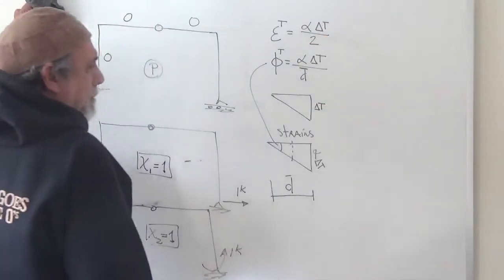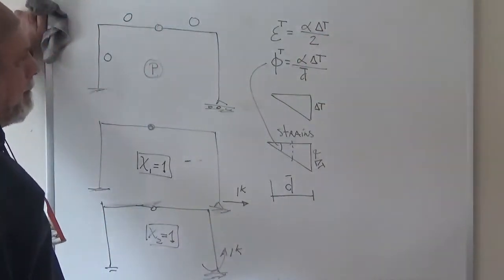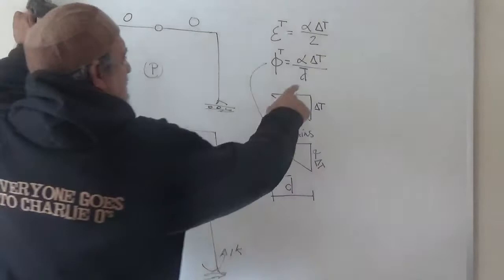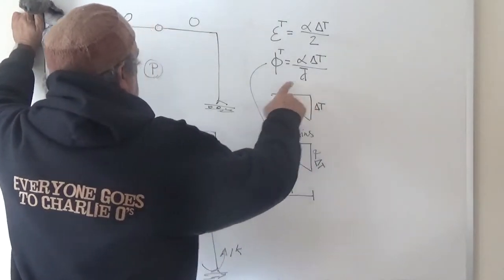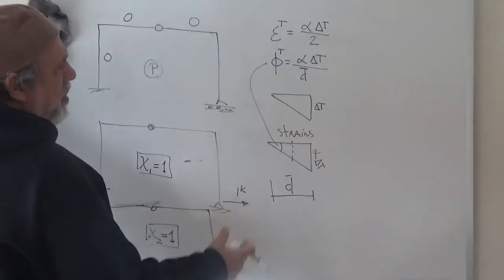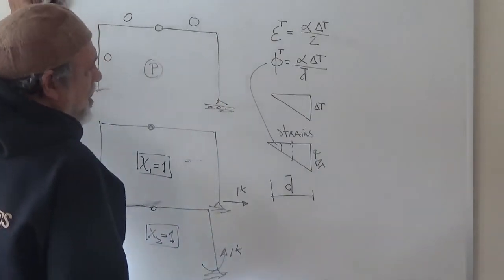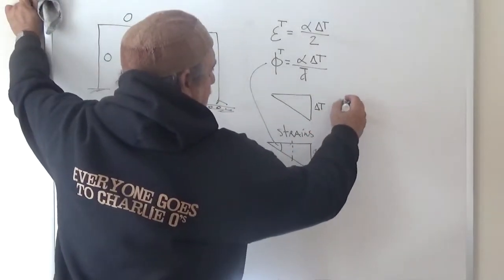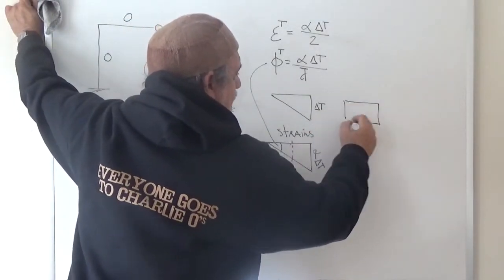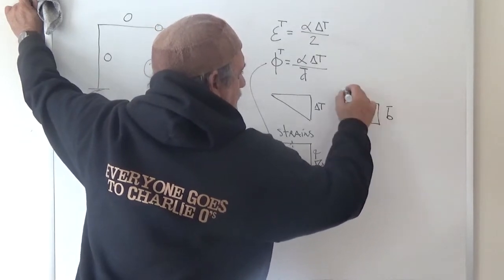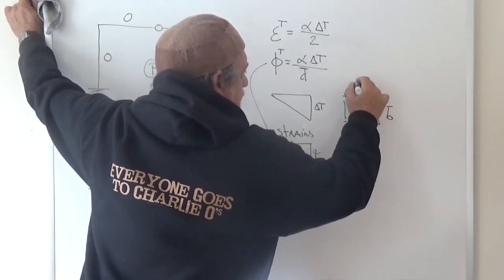Okay? Now, I don't want to be carrying this symbol d bar because that's another dimension. So let's just say that we have a cross-section that is b bar by d bar, right?